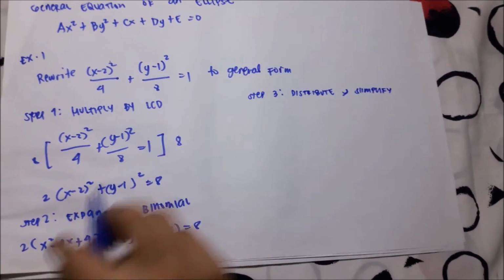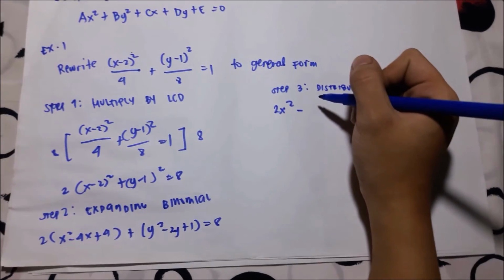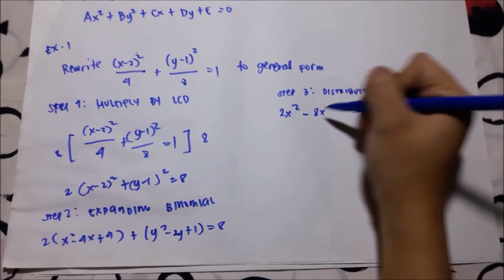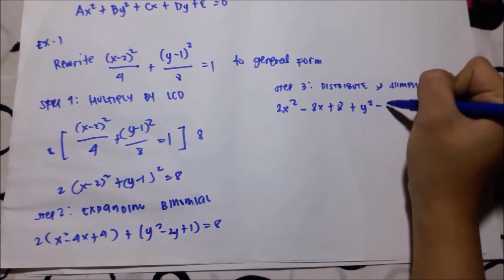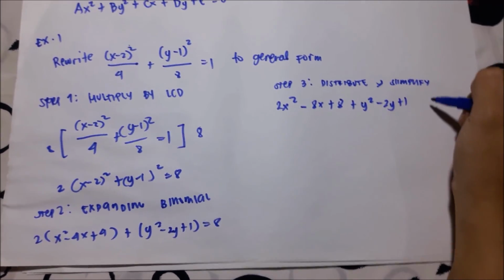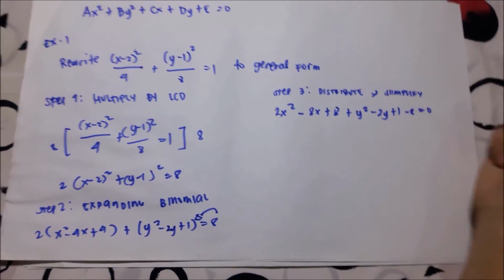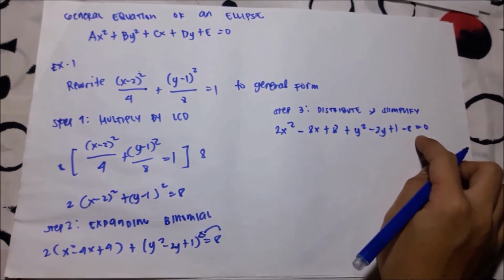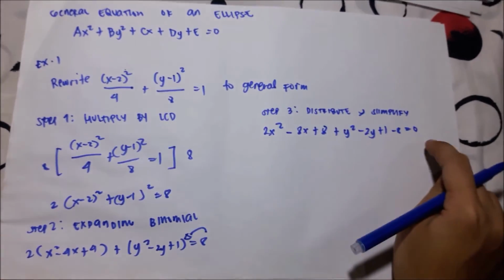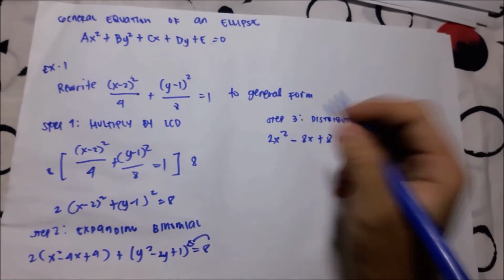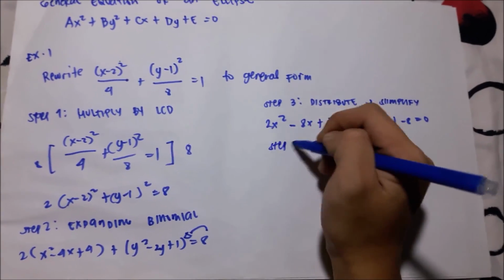So it will become 2x squared minus 8x plus 8 plus y squared minus 2y plus 1. So we're going to move the 8 here. So it will become minus 8 equals to 0 because we need to follow the equation and equate it to 0.